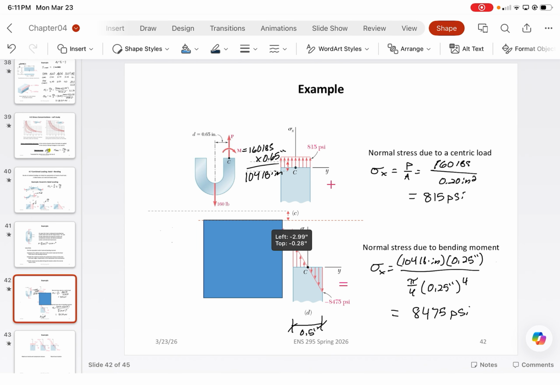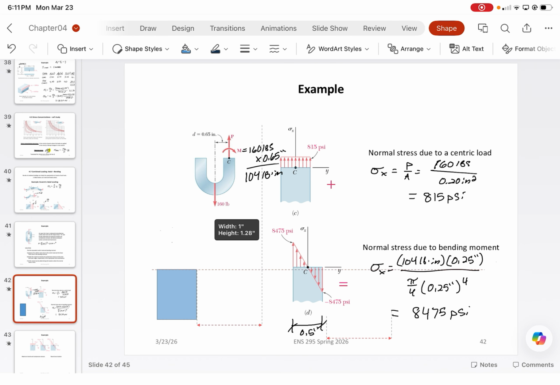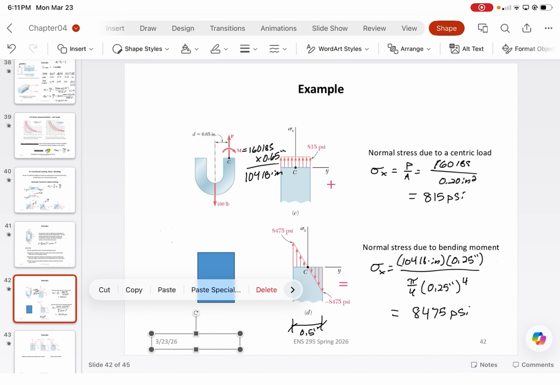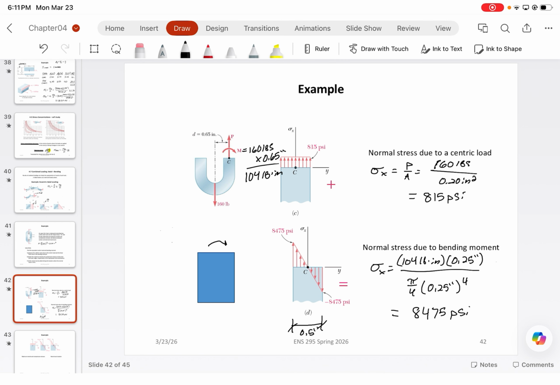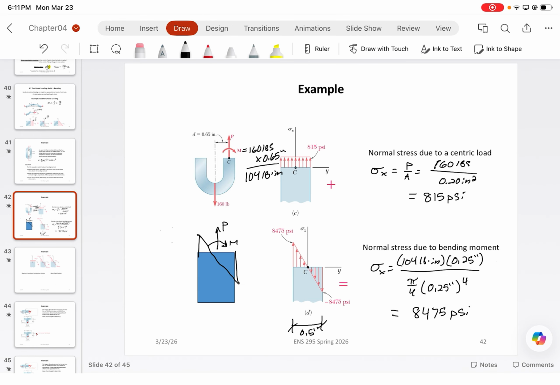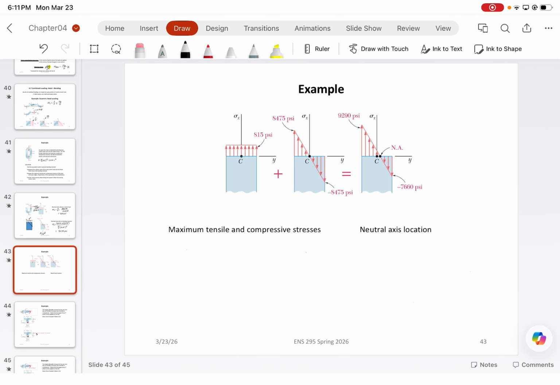Basically, our cross-section, if we just look at our cross-section here, is just, again, dealing with our bending moment and P, and then just analyzing the stresses accordingly. All right, so from here, to determine the maximum and minimum stresses, we just use superposition, and we add the two stresses together, which is how we get the stress distributions that you see there.